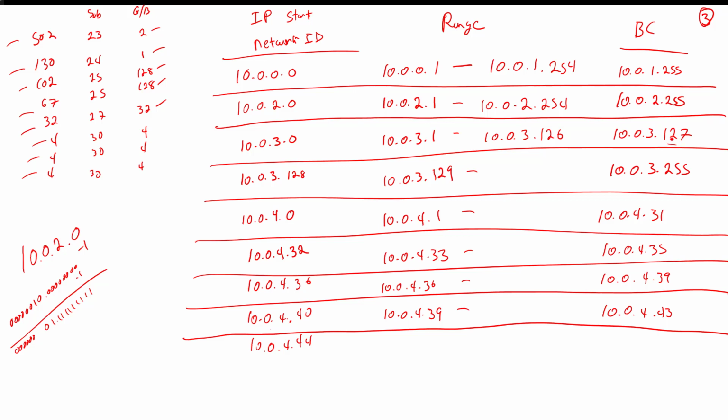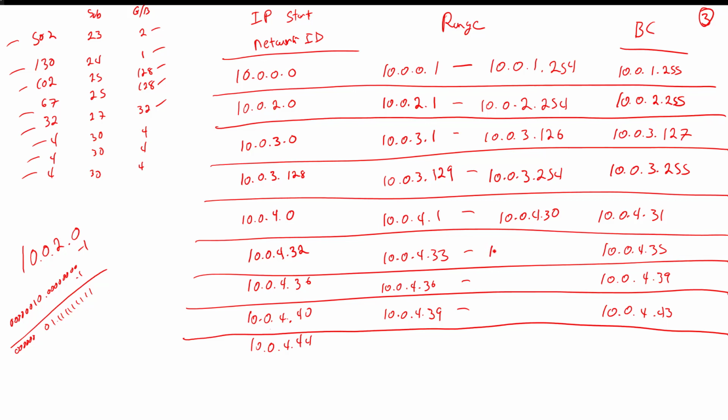Again, 127, so we are going 1 less than that. 254. 10.0.4.30. Again, we needed 32 addresses or 30 usable addresses. 1 through 30 gives us 30 usable addresses, so we're good there.